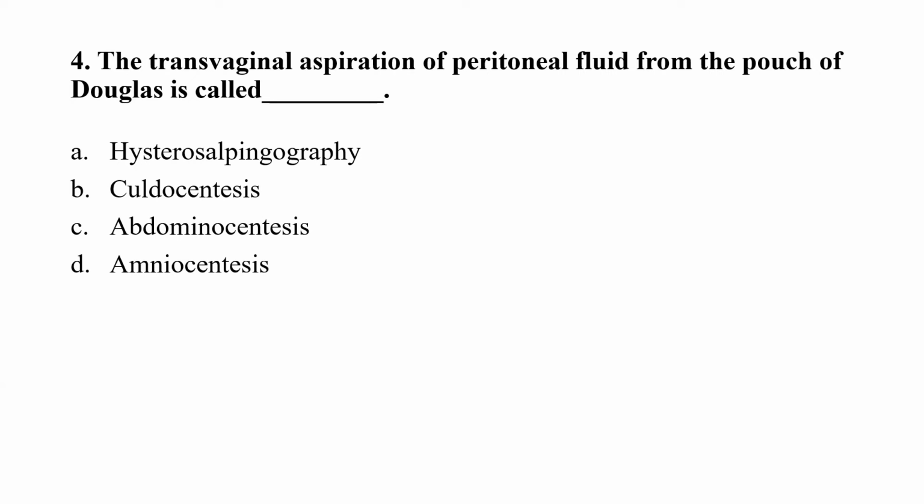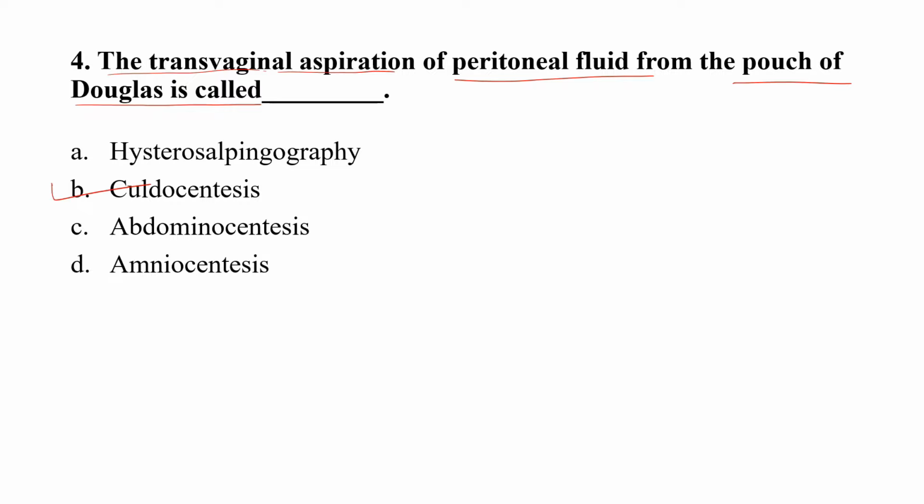Question number 4. The transvaginal aspiration of peritoneal fluids from the pouch of Douglas is called: option A, hysterosalpingography; option B, culdocentesis; option C, abdominocentesis; option D, amniocentesis. Correct option here is option B, which is culdocentesis.